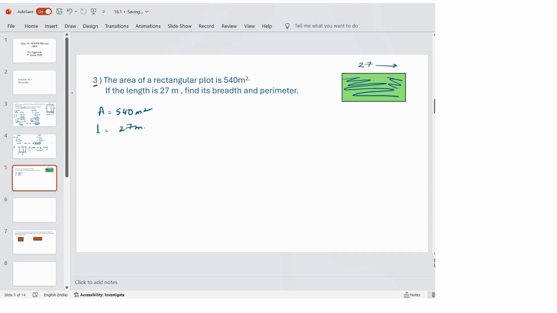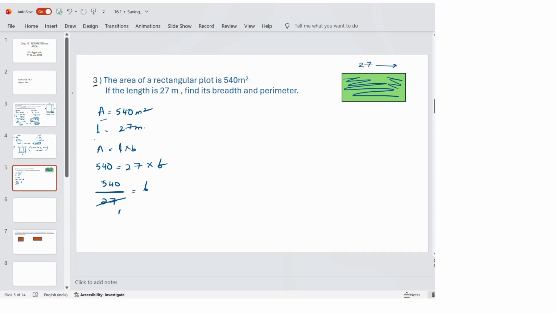Let's start with applying the formula of area, because you have area and you have length. So you can apply the formula of area. So substituting the values, area 540, length 27, you don't have breadth, into B. Now applying your algebra knowledge, 540 by 27 is equals to B. Correct?